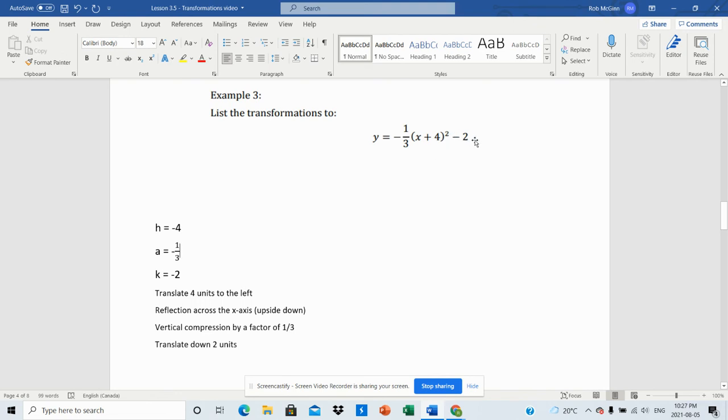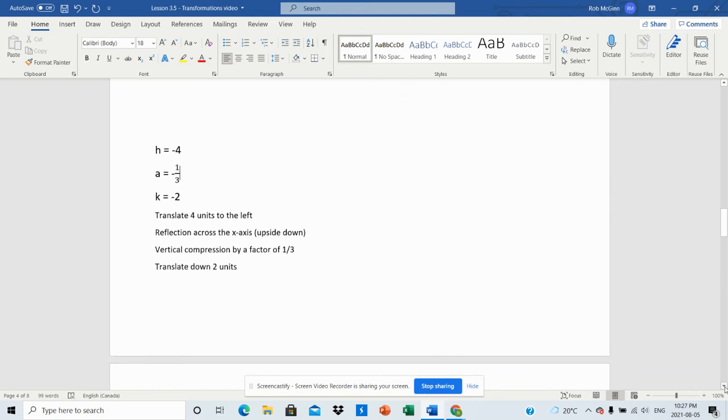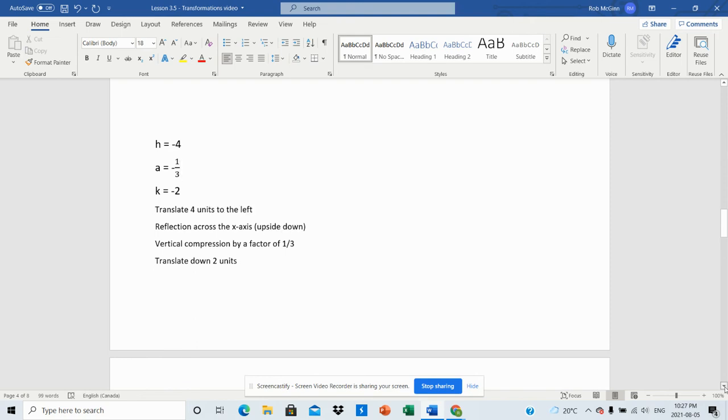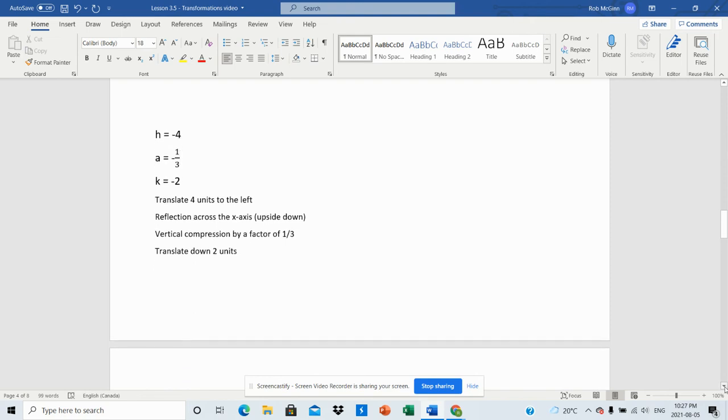And K is -2, which is our translation down 2 units. These seem difficult sometimes, but if you just break it down into the basic steps and work with them that way, I find that they're a lot easier to manage. As well, if you really get stuck, put the equation into Desmos and see what's actually happening.